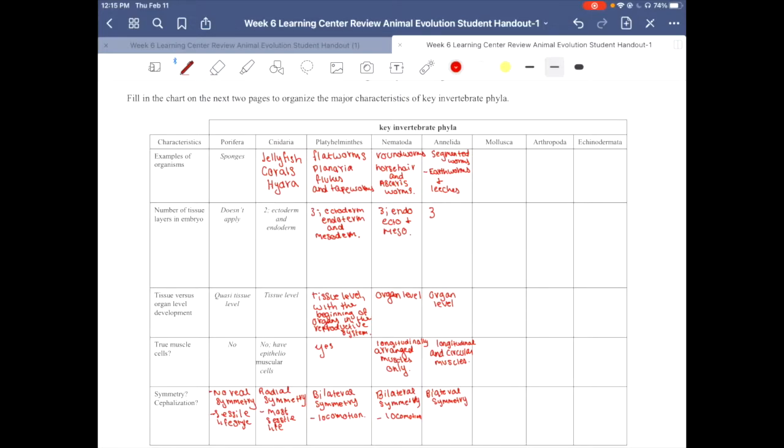Okay, so the next phyla is Mollusca. Do you guys have examples for organisms that fall under that? Yes, comment says snails. That's one of the right answers. That's a great example.